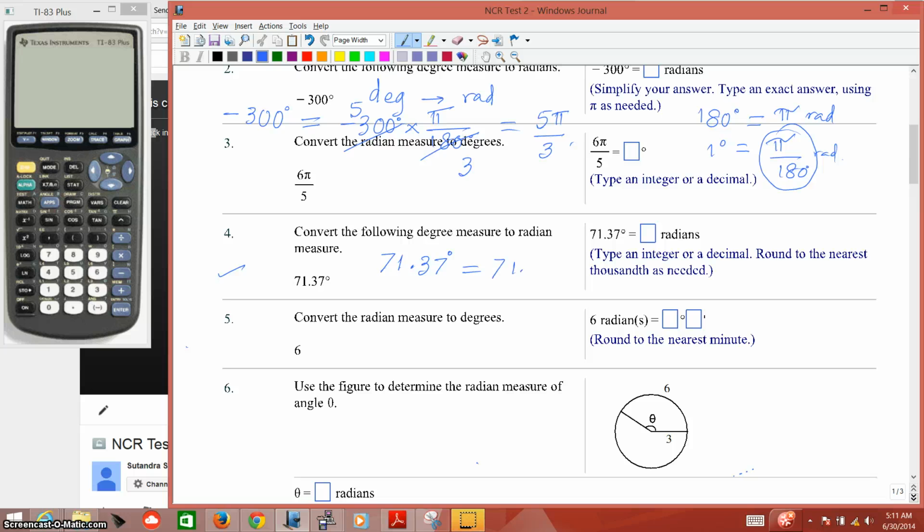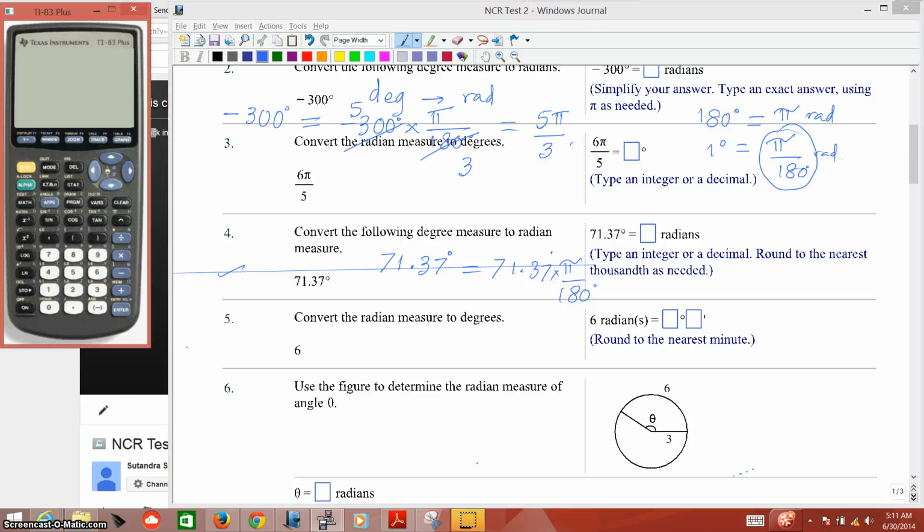So 71.37 times pi over 180. Now if I enter it in the calculator, I do come up with this answer.